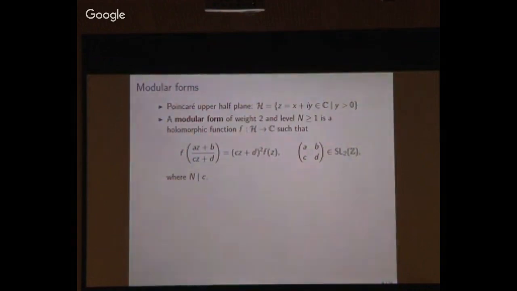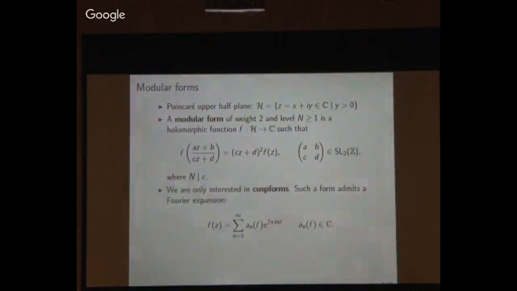So a modular form of weight 2 and level N is a holomorphic function on the upper half plane, satisfying all these symmetries, where the level of the modular form divides this entry here. But inside the set of modular forms, we will consider only some of them, and we are interested in those which are cusp forms.